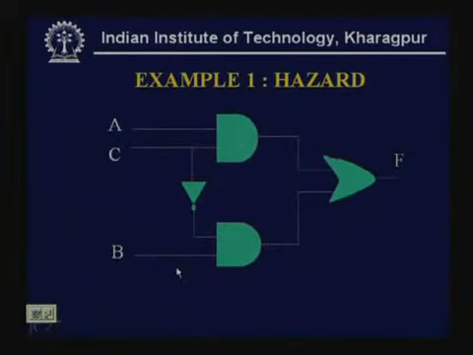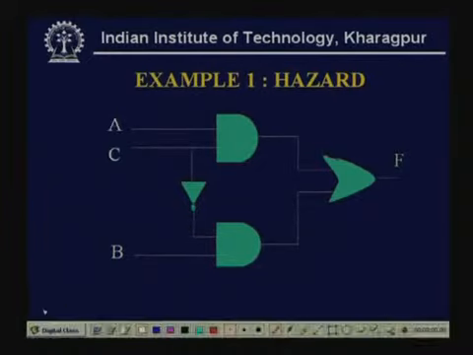Now if we draw the logic circuit, see this has 2 AND gates whose inputs are A and C, and B and C dash. So C dash I am taking as if the input is coming from C, by introducing an inverter in between. So this is C, this is C bar, and this is OR, that means this is my F equal to AC plus BC bar.